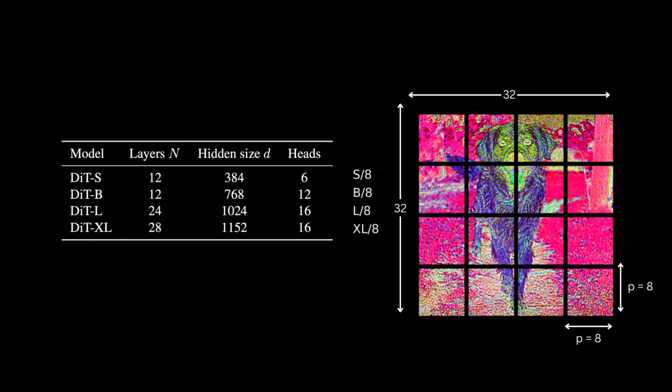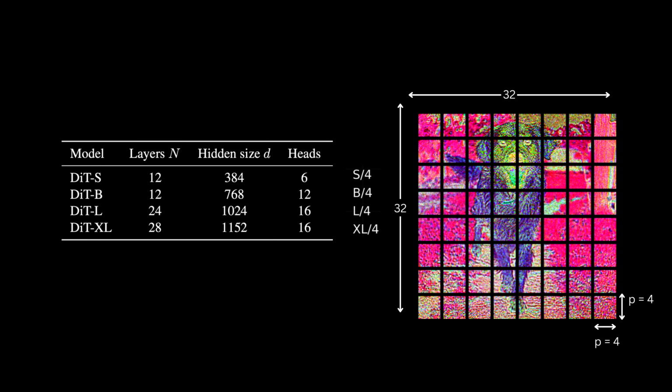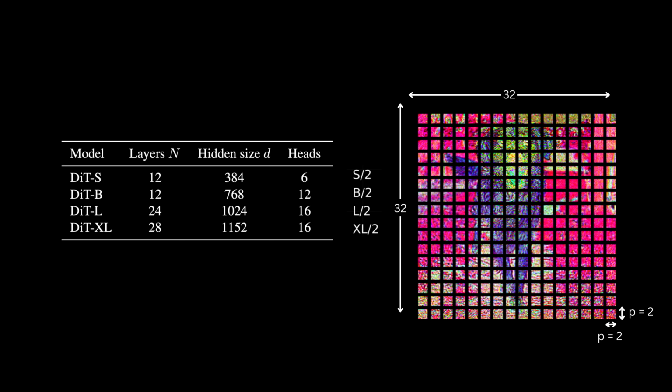For that, given the latent image size of 32 x 32, the authors experiment with 3 different patch sizes. Patch size of 8 x 8, giving us a sequence of 16 tokens. Patch size of 4 x 4, so a sequence of 64 tokens. And finally patch size of 2 x 2, giving us a sequence of 256 tokens.